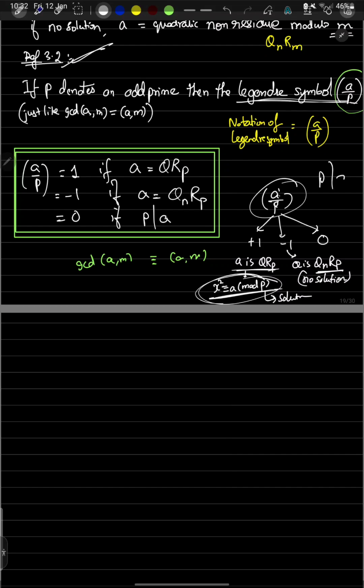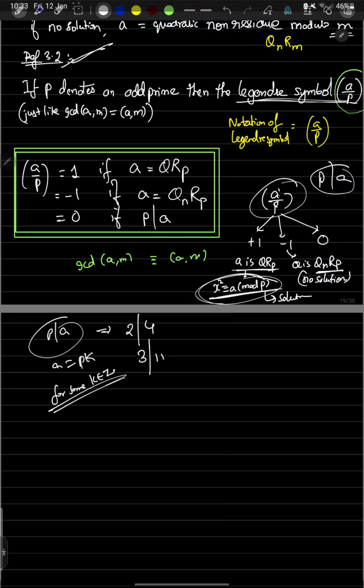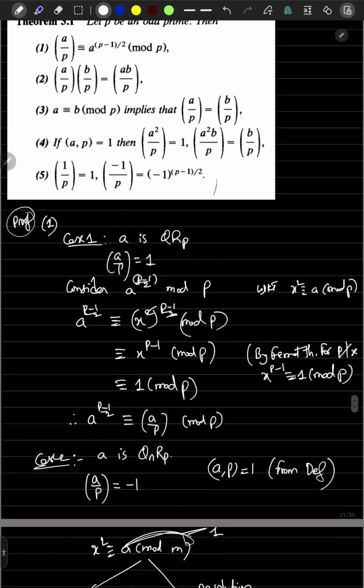When p divides a, it means a equals pk for some k belonging to Z. Practically, 2 divides 4 or 3 divides 15. Here 15 equals 3 into 5, where 5 is some integer k belonging to Z. Happy? So this is about the Legendre symbol.